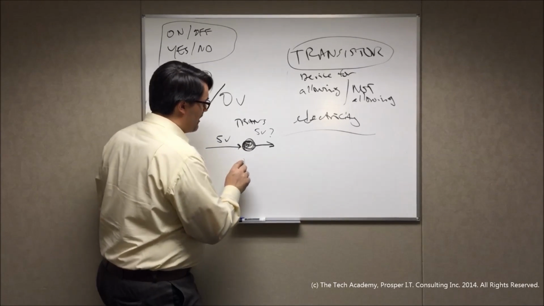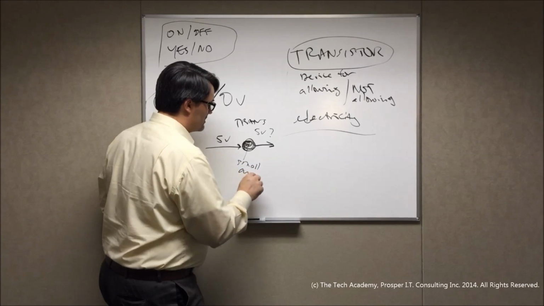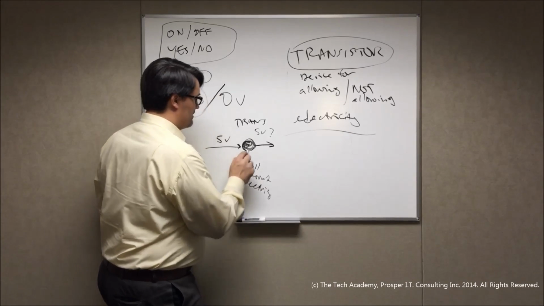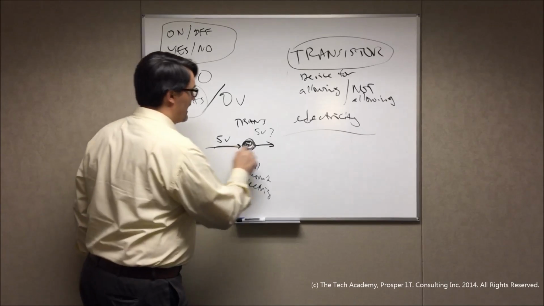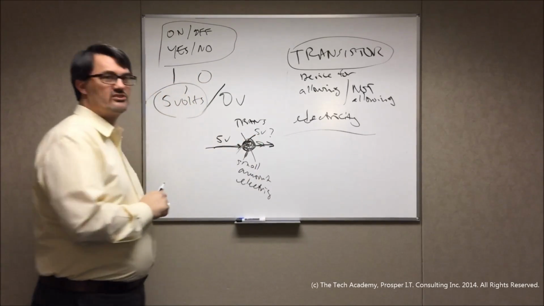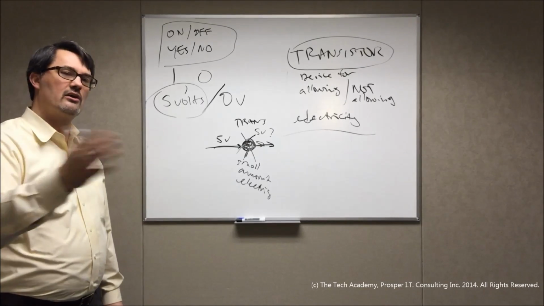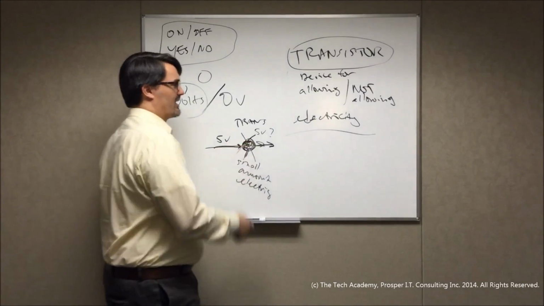It's got a way, by bumping a very small amount of electricity at a separate piece of it, to allow or not allow electricity to flow. It's a gate. Open it, electricity flows. Close it, electricity doesn't flow. That's all it is.